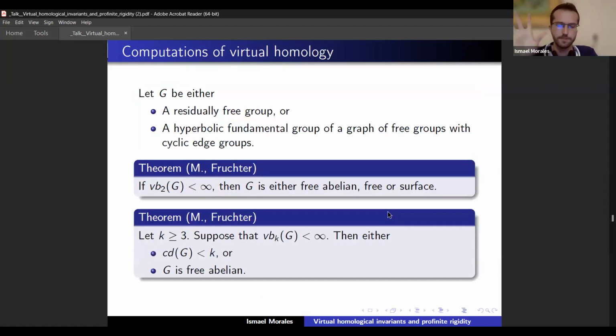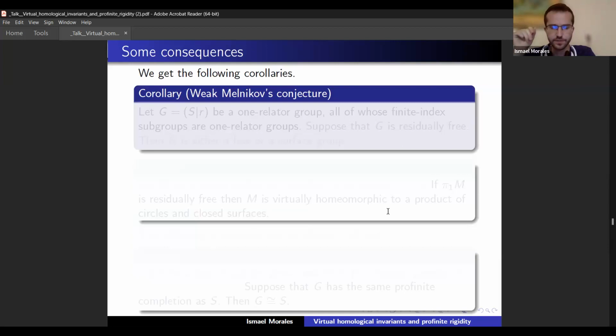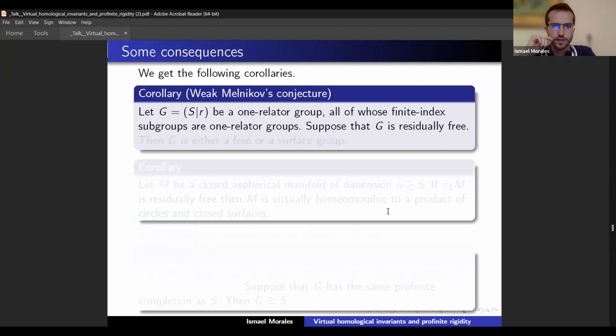Now, before giving some comments about the proof, I'm going to focus on some consequences of this. One consequence is that we can get the conjecture of Melnikov under the very strong assumption that G is residually free. So if our one-relator group is residually free, which is very exceptional, we can conclude that the only examples are just free or surface groups.